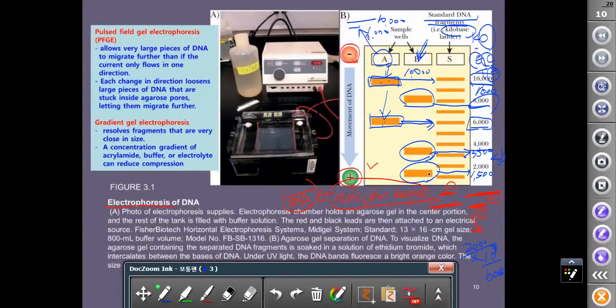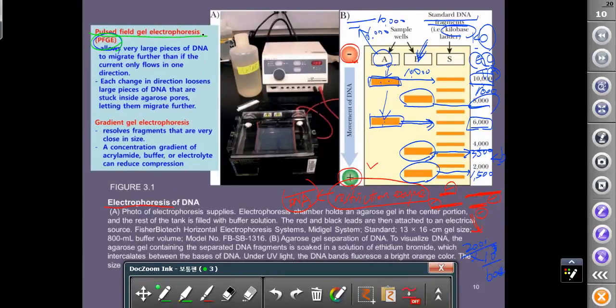Before going on to the video, let me briefly explain some modifications to this electrophoresis. One is PFGE, which is pulsed field gel electrophoresis.